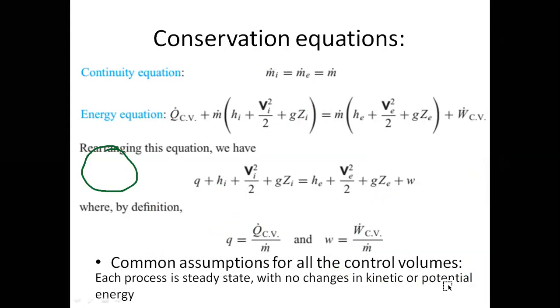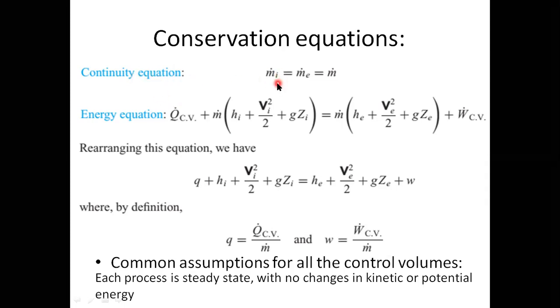Now we will see the conservation equations. All these are control volumes. All the essential components are control volumes. Therefore, we have to write the continuity equation, that is the mass conservation equation, as well as the energy conservation equation.